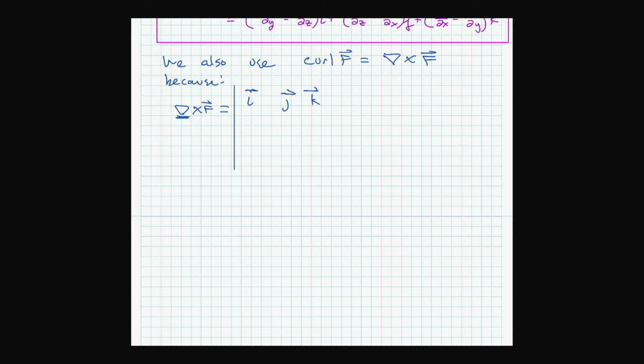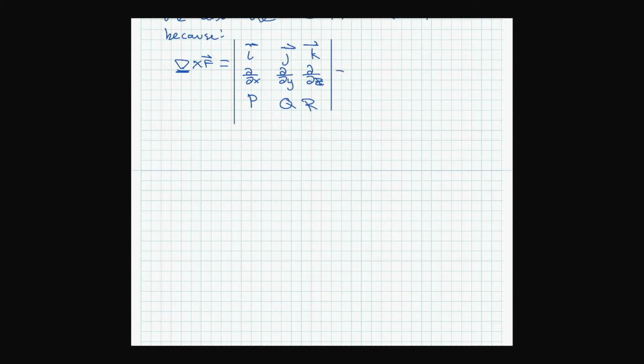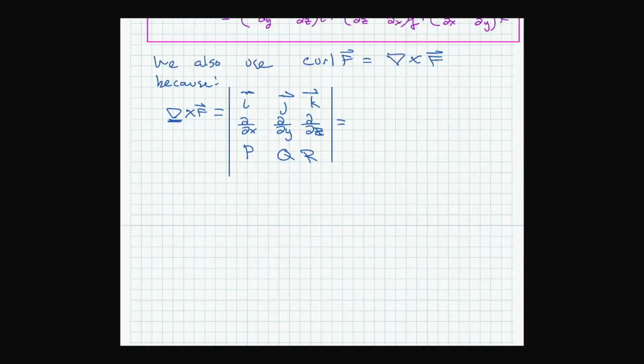And then your next row is grad, so that's d/dx, d/dy, d/dz. And then your third row is the actual P, Q, R, and you work that out.